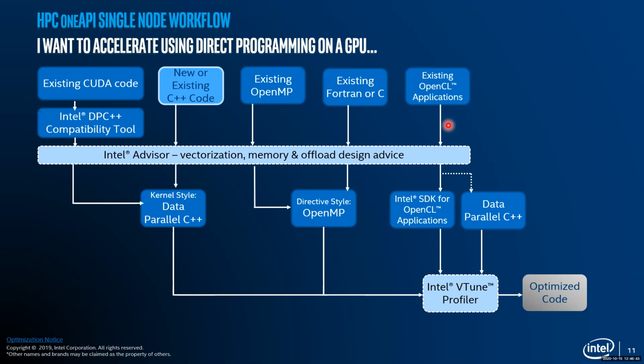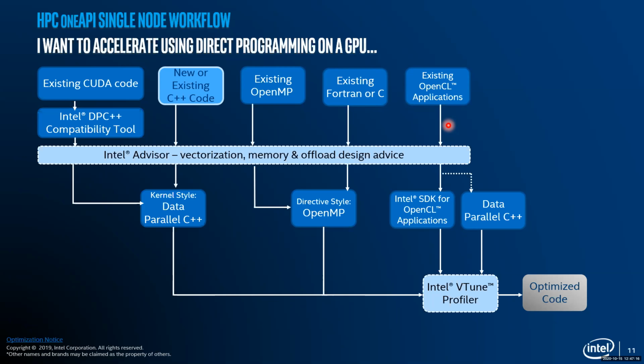The top box shows there are many languages of choice for direct programming. This lets you leverage your existing software investment in C++, Fortran, C, OpenCL, and CUDA code. If you have existing CUDA code, you can use the Intel DPC++ Compatibility Tool to perform a one-time migration to data parallel C++.